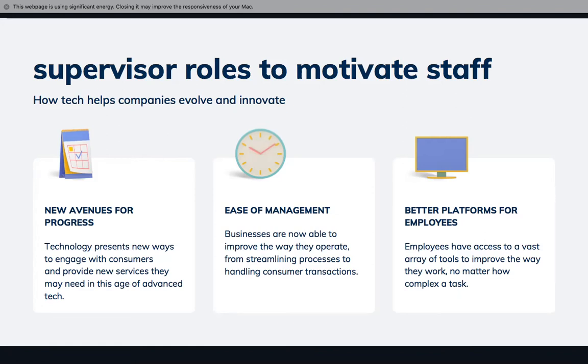Okay, treat employees with respect. Why? Because we want the employees to stay with the supervisor in the long term. Even if they're good or not, we should respect them.